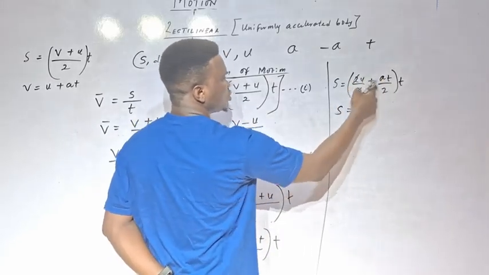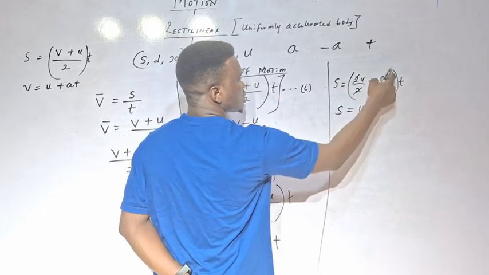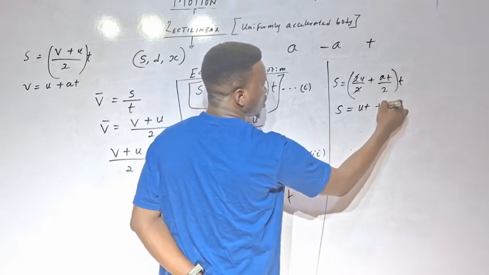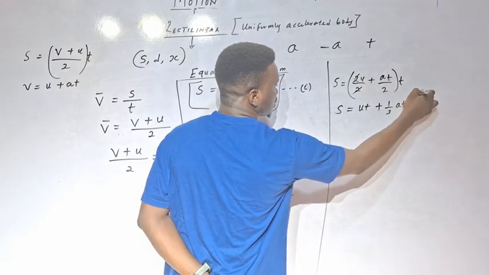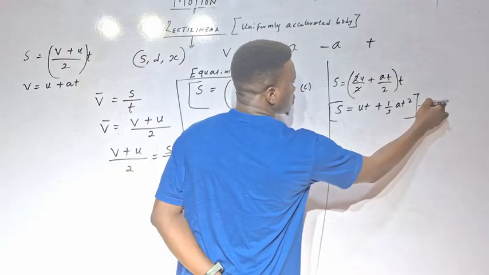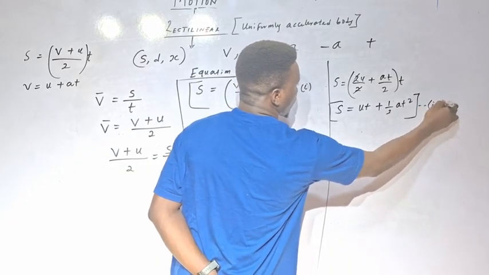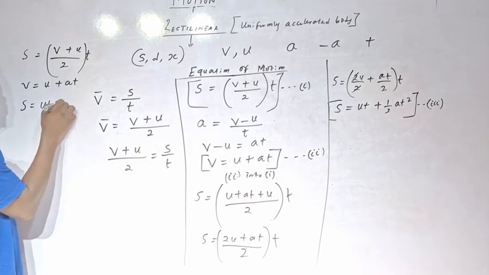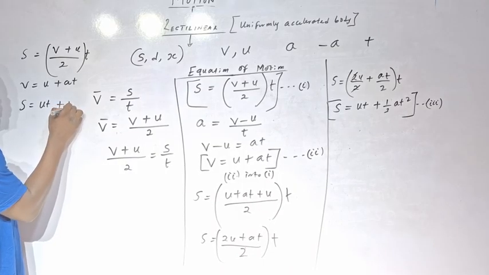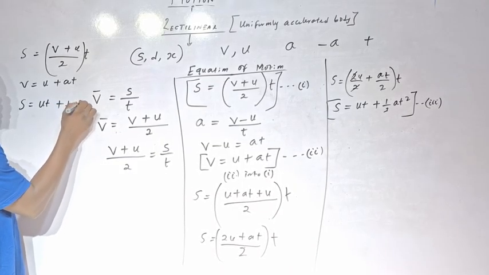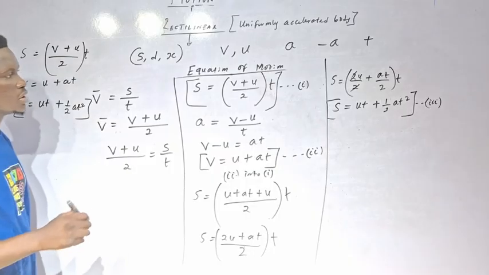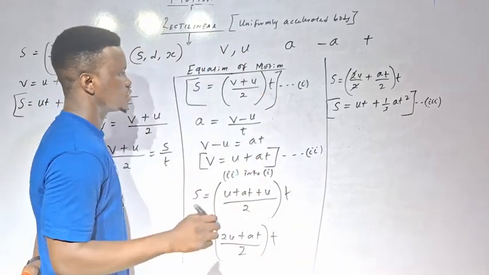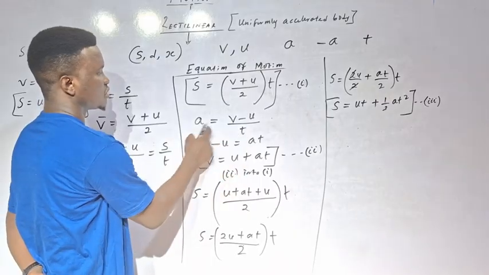If I bring T in now, U times T will be UT, and T times T, plus 1/2 AT squared. So that's another equation. This is equation 3. So don't forget that S = UT + 1/2 AT². That's another equation we are going to be needing. Then the last one from here, let's make time the subject of the formula.